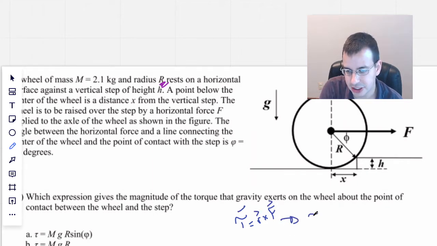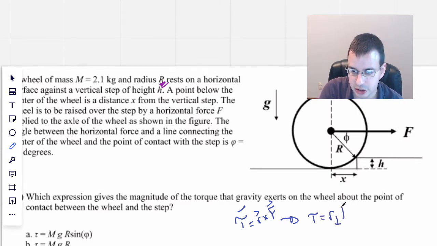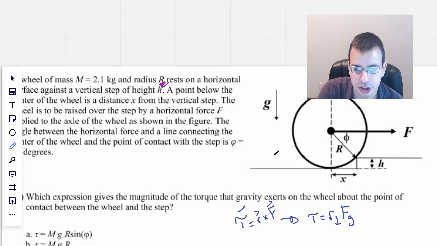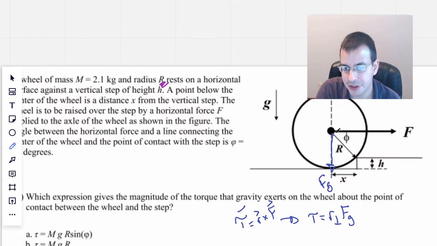And this implies that torque, without the vector, equals the radius that is perpendicular to F. This F is going to be due to gravity, so I'm going to draw that in right here. This will be the force due to gravity, and this will be r.